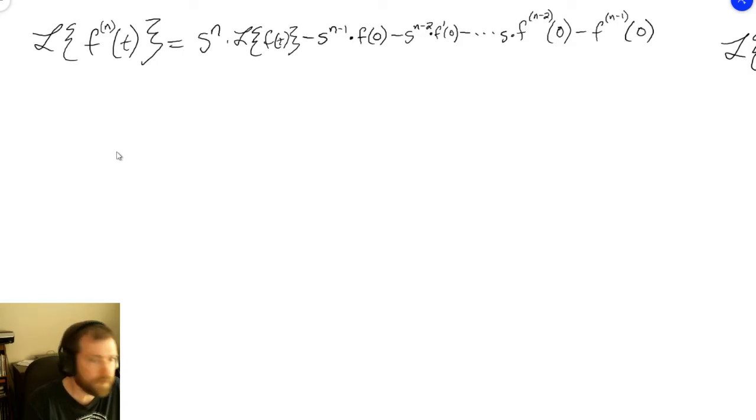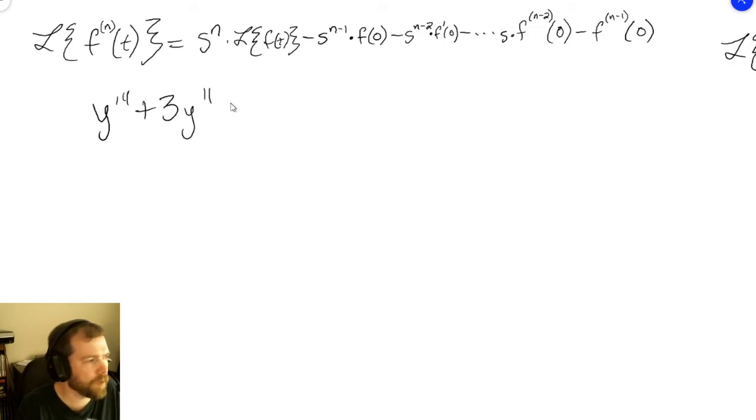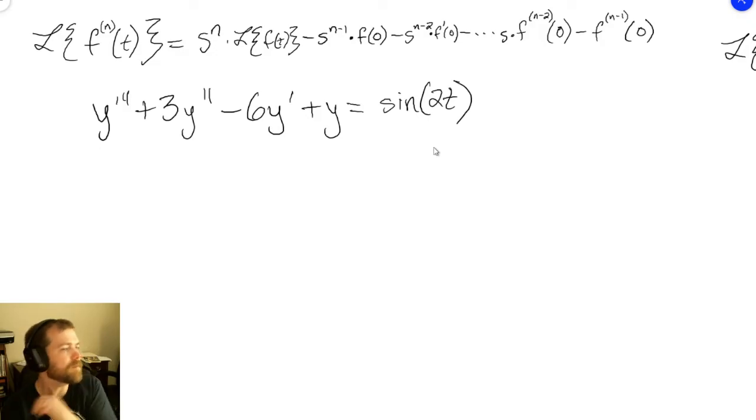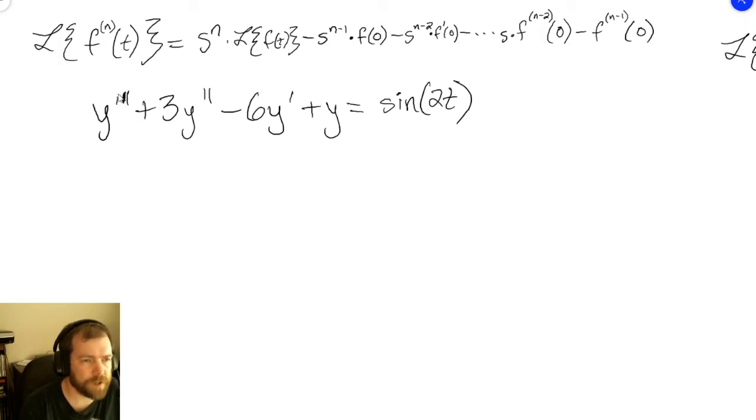So if we ended up with y triple prime plus 3y double prime minus 6y prime plus y equals the sine of 2t, then what we could do is use Laplace transforms to figure out the solutions to this entire problem fairly easily, not always 100% easily, but at least, you know, it's sort of decent.